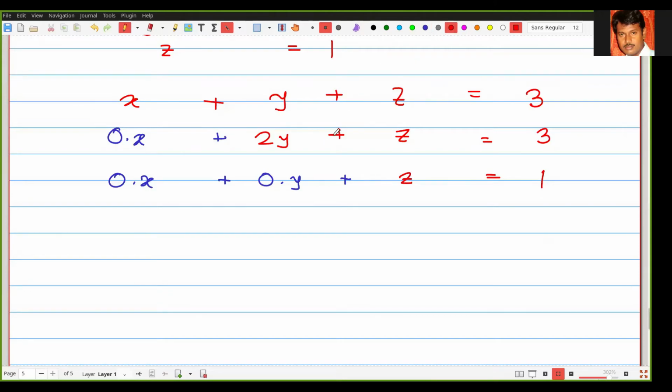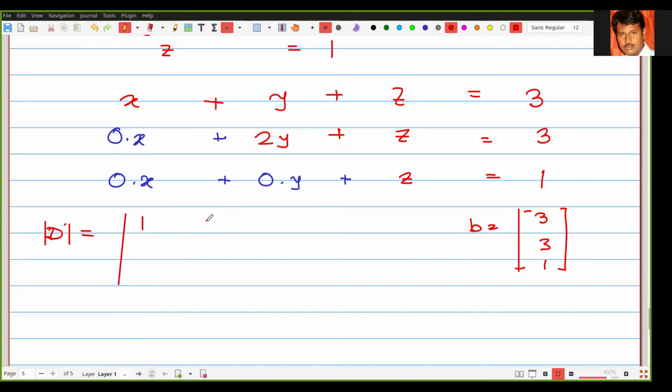So our coefficient matrix, now the determinant value. And which one is our B, or the resultant? That is 3, 3, 1. That is our resultant matrix. So according to that, we first find the determinant of the coefficient matrix.